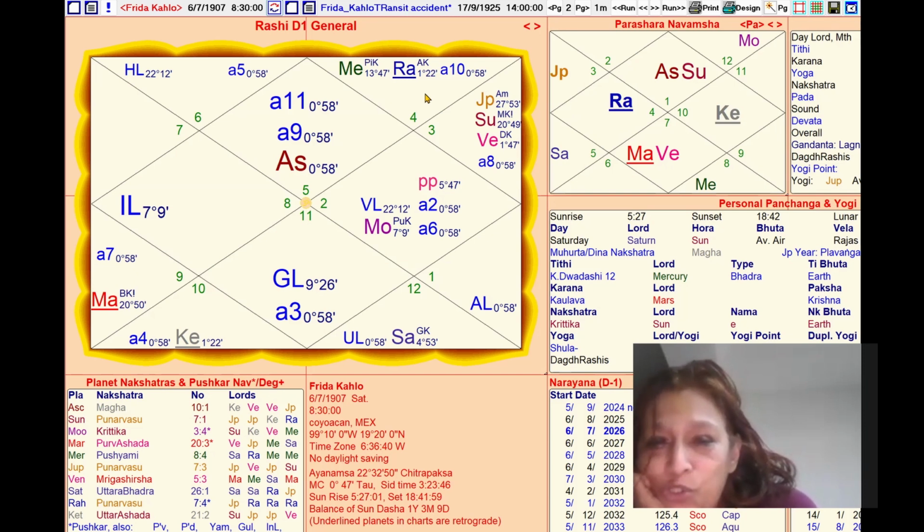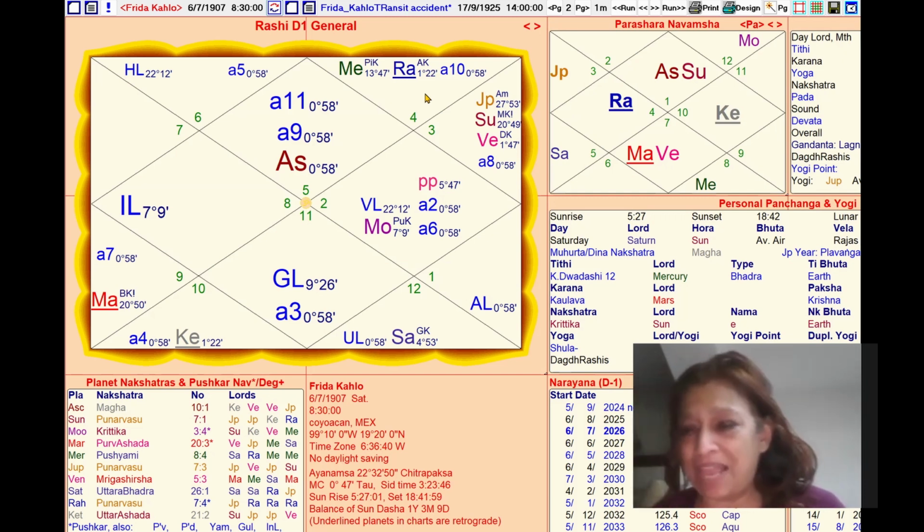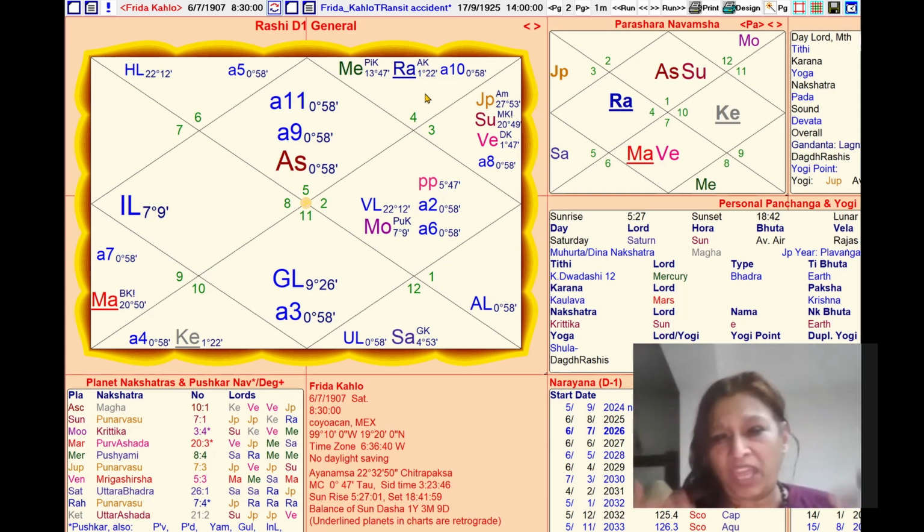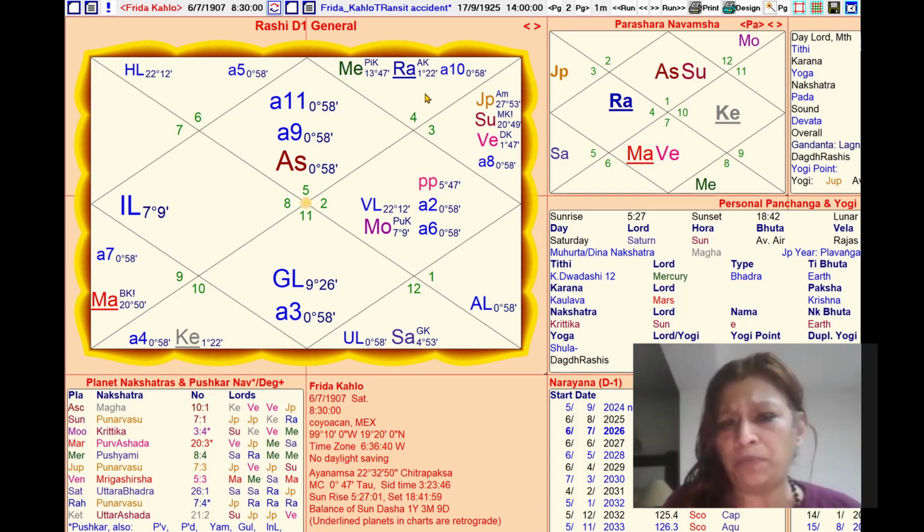So I'm also inclined to believe he was Jupiter, Rivera. He looked also Jupiter, he had a big belly, big one. He took her under his wing and helped her out with the career. Jupiter is her Amatya Karaka, so there was a lot of that Jupiter exchange that went on, he guided her.